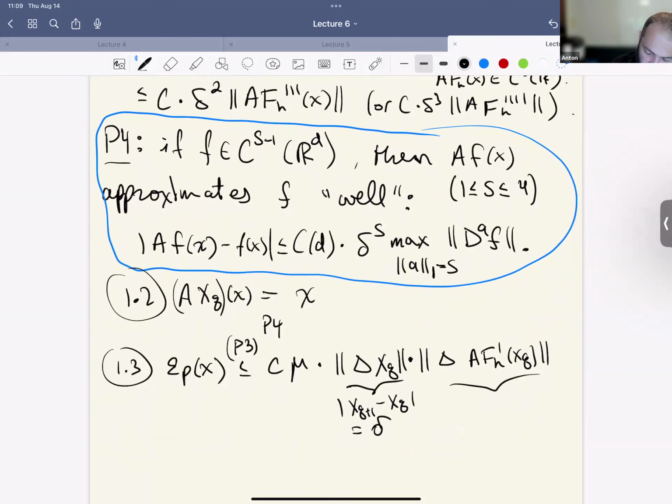And this is like the mean value theorem, delta times the norm of A f sub h double prime. Okay. So let's call it mean value theorem.